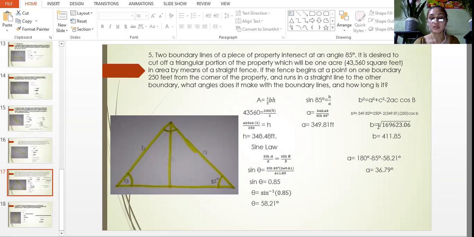So b is equals to the square root of 169,623.06.